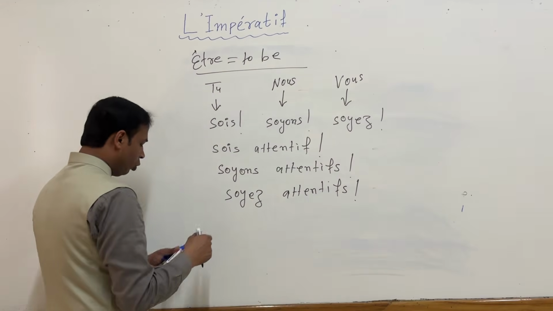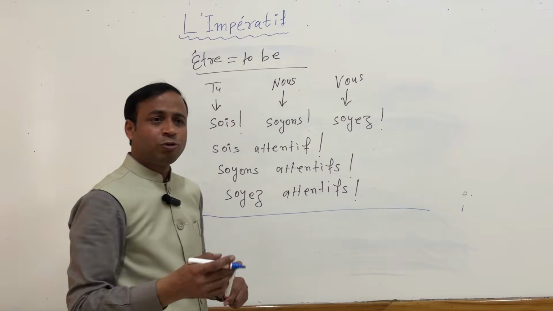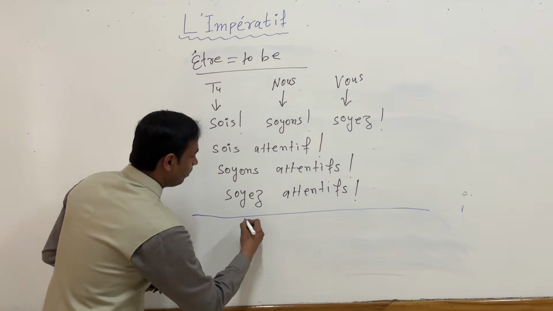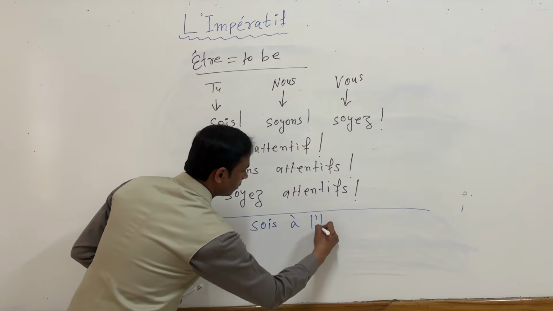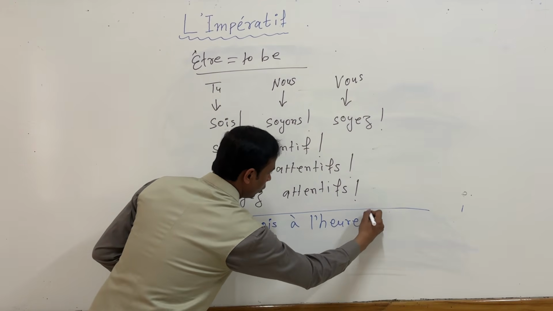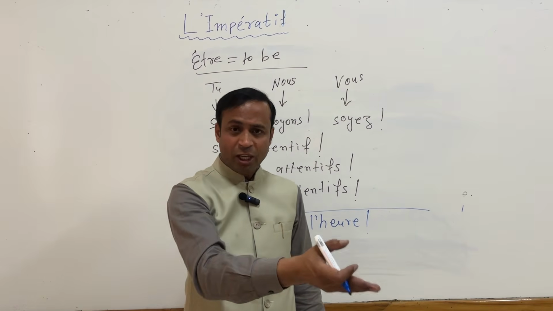Let me write one more example with être. For example, if you have to say be on time, sois à l'heure. Sois à l'heure, which means I am asking one particular person, be on time.